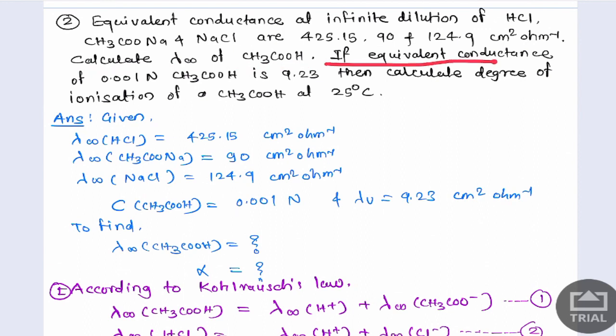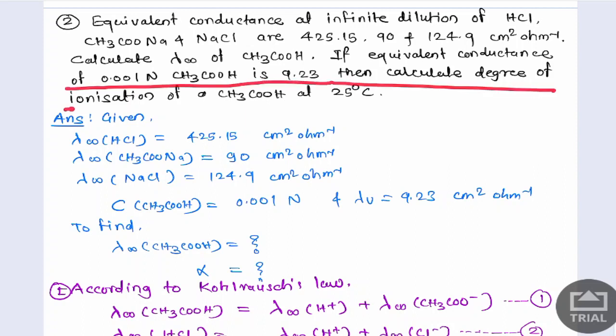If the equivalent conductance of 0.01 normal acetic acid is 9.23, then calculate the degree of ionization of acetic acid at 25 degrees Celsius. Read the problem carefully. Try to find out what is given and what is asked.